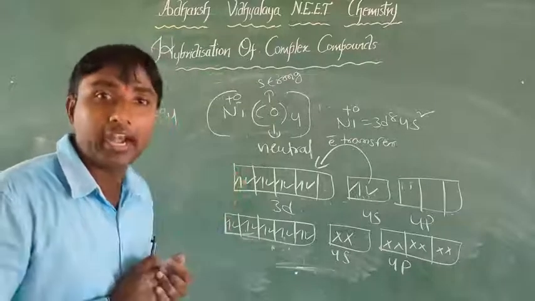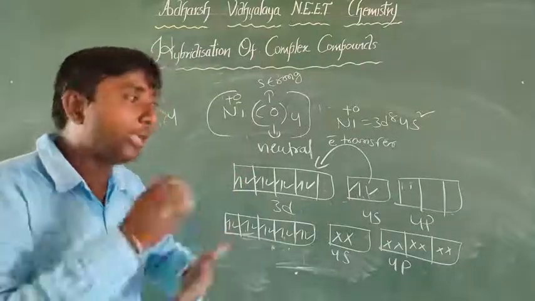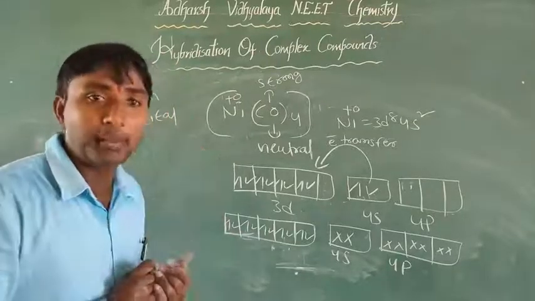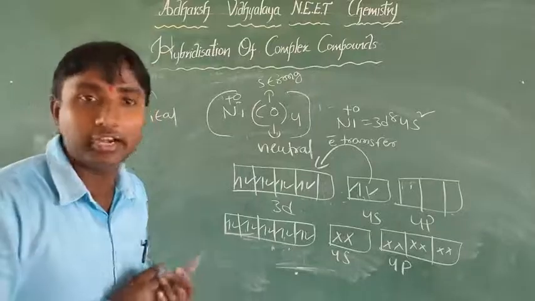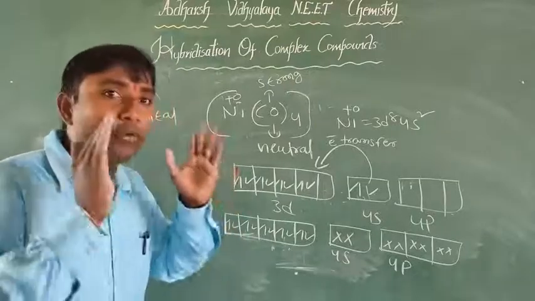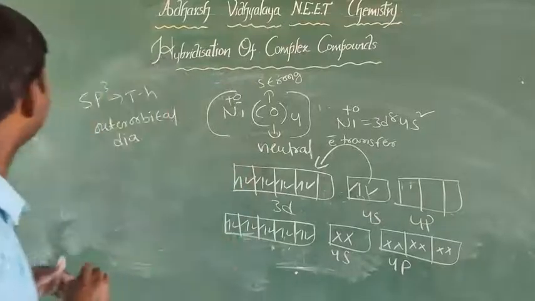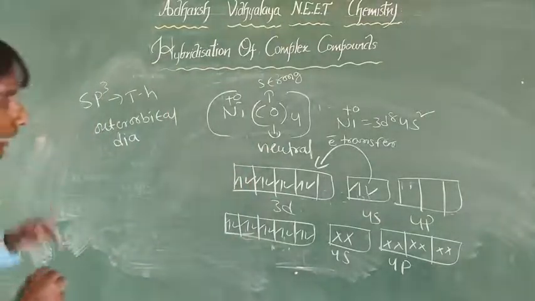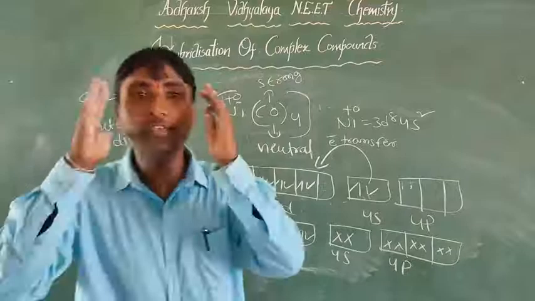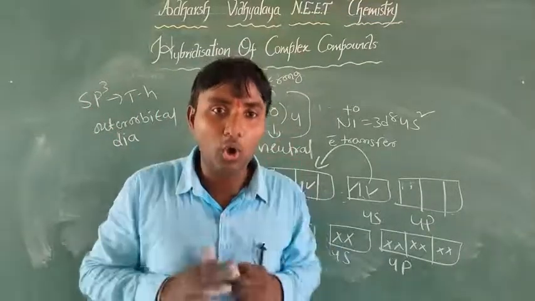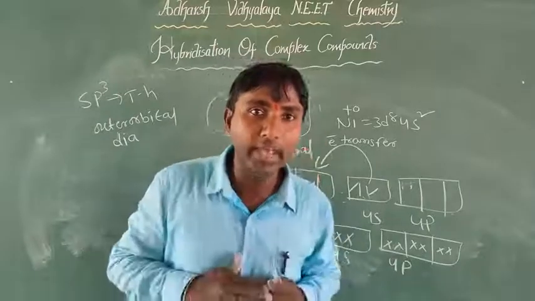That is not 100% correct. Many compounds do not obey. That's why based on the hybridization and the electron migration only, we have to explain diamagnetism and paramagnetism. So, outer orbital complex and diamagnetism. This is about the hybridization of complex compounds. Okay students, thank you.